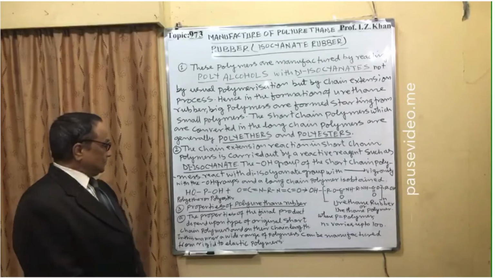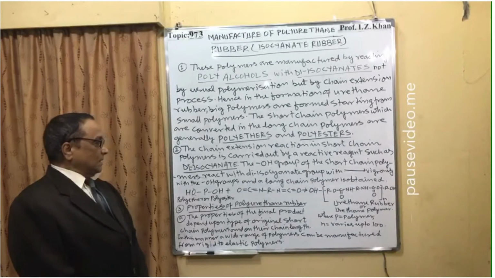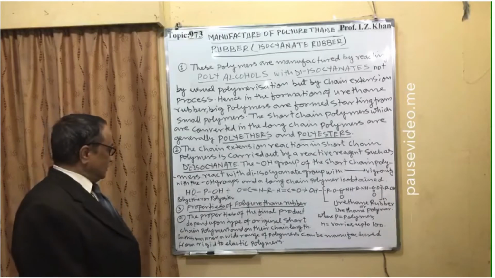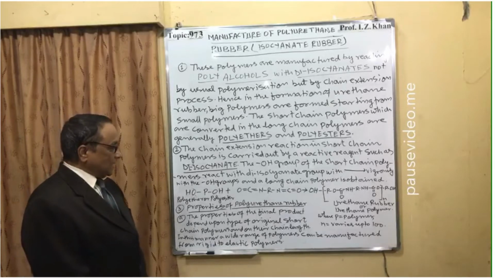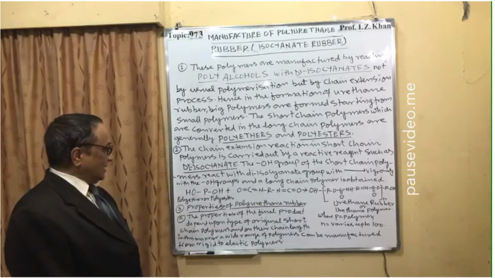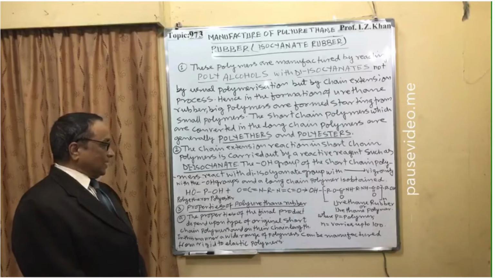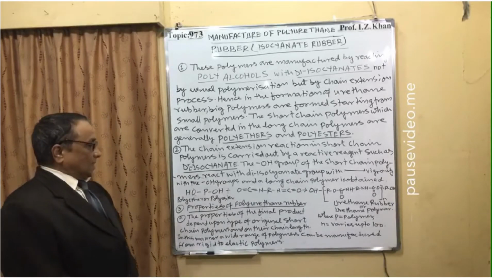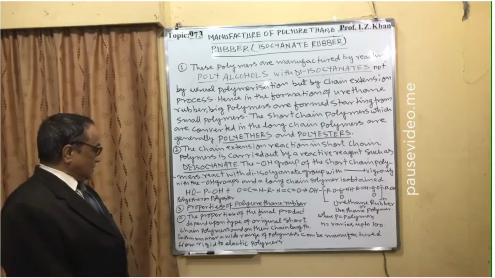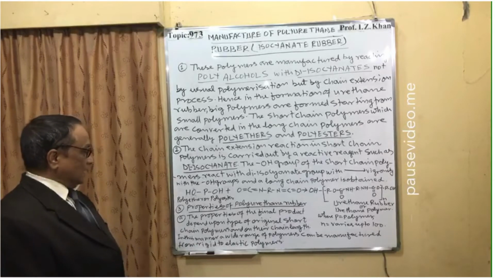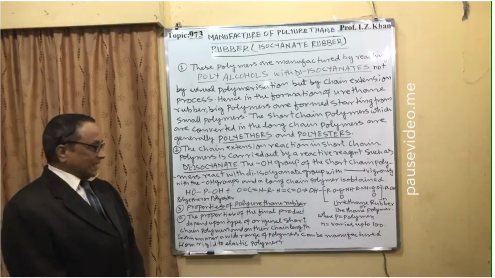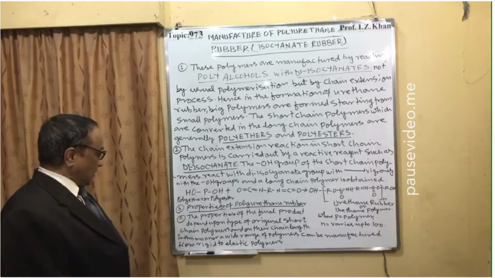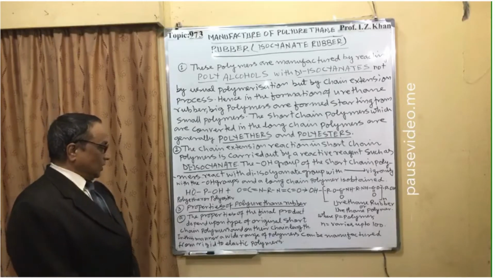Number 3, properties of polyurethane rubber. A, the properties of the final product depend upon the type of original short chain polymers and on their chain length. In this manner, a wide range of polymers can be manufactured, from rigid to elastic polymers.